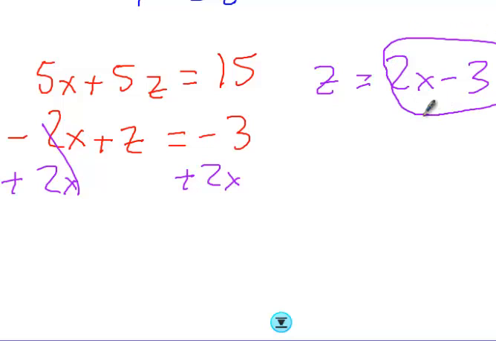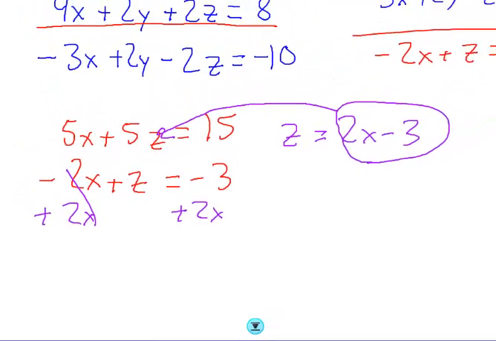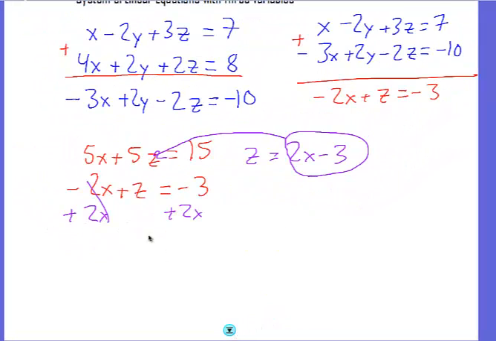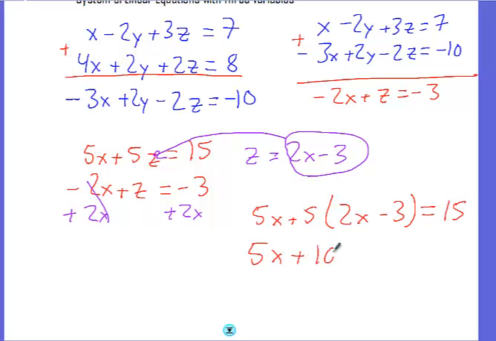I can take this whole quantity, substitute it in there. So now it's going to become 5x plus 5 times 2x minus 3 is equal to 15. So 5x plus 10x minus 15 is equal to 15.